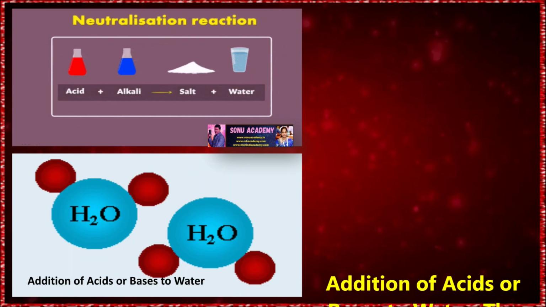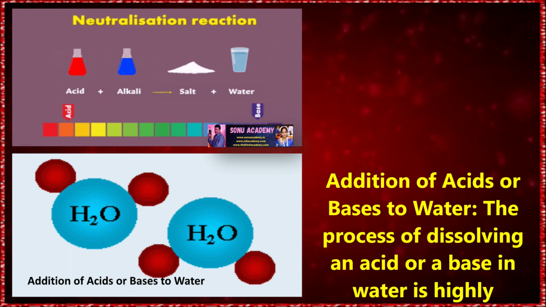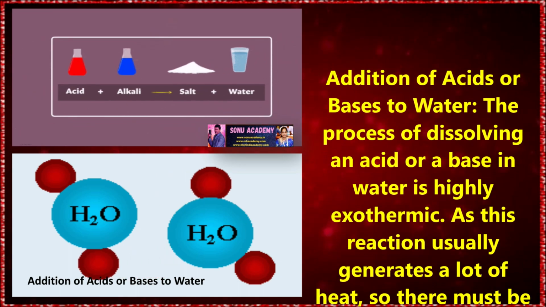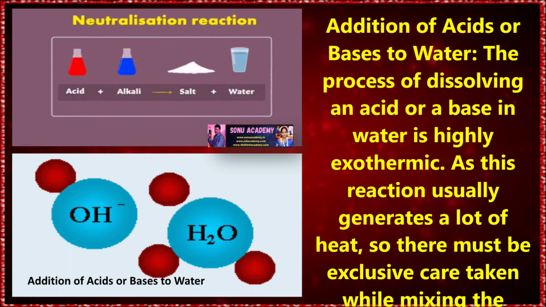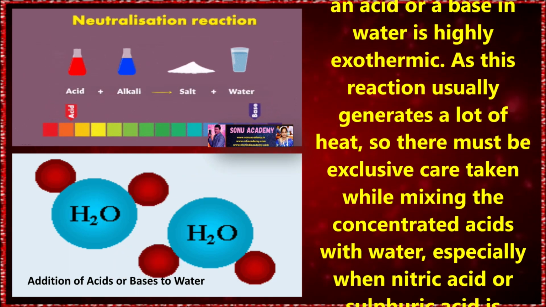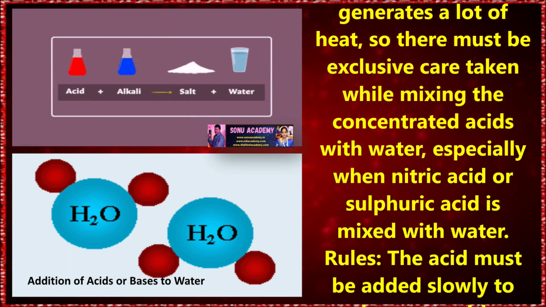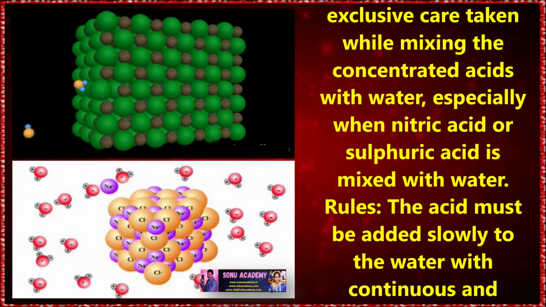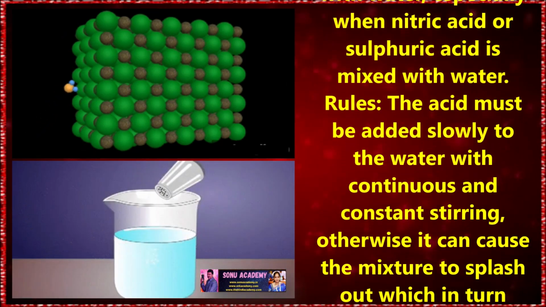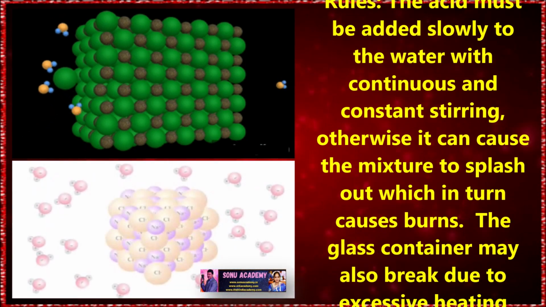Children, now let us discuss the addition of acids or bases to water. The process of dissolving an acid or a base in water is highly exothermic. As this reaction usually generates a lot of heat, exclusive care must be taken while mixing concentrated acids with water, especially when nitric acid or sulfuric acid is mixed with water. Rule: the acid must be added slowly to the water with continuous and constant stirring.